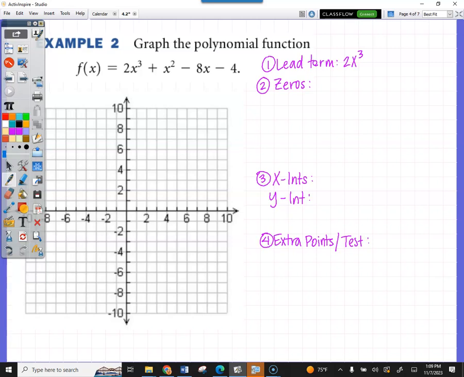So it's positive and it's odd. And because it's degree 3, there are no extra curves in the middle. It's a cubic function. Now we're going to find the zeros.